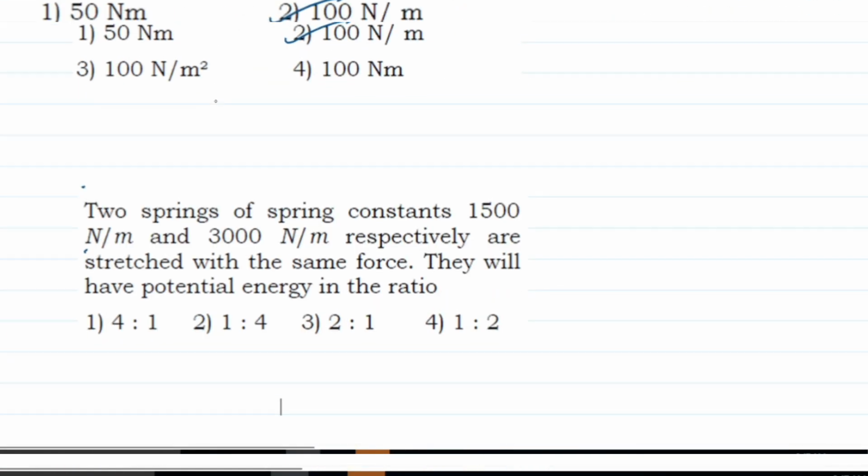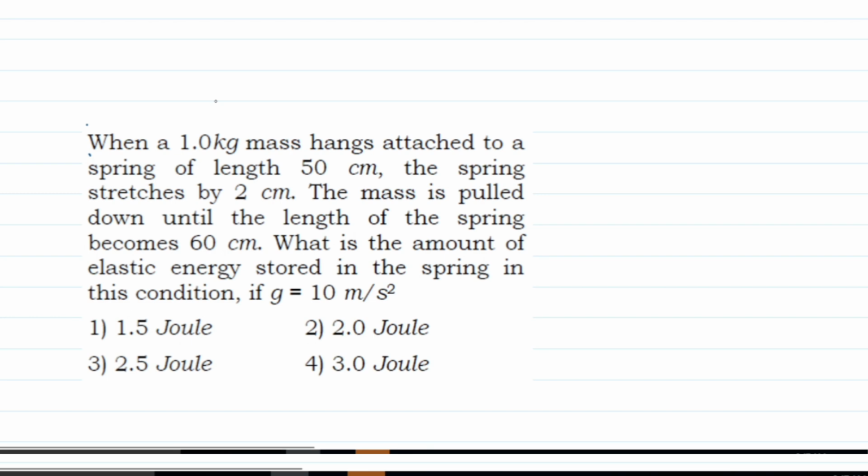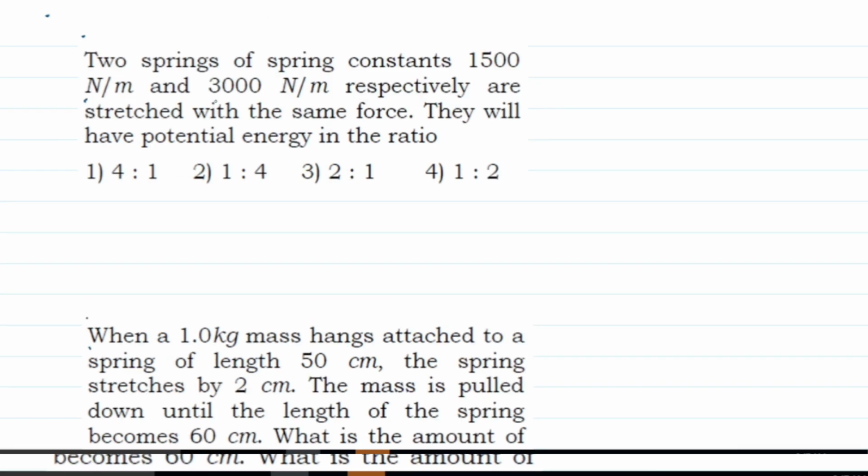Now the next question says two springs of spring constants 1500 Newton per meter and 1300 Newton per meter respectively are stretched with the same force. The potential energies are in the ratio? The elastic potential energy stored in a spring is half kx square, but they are stretched with the same force.